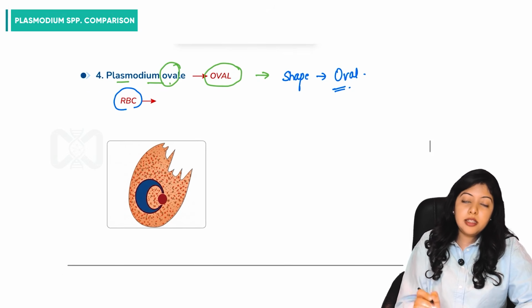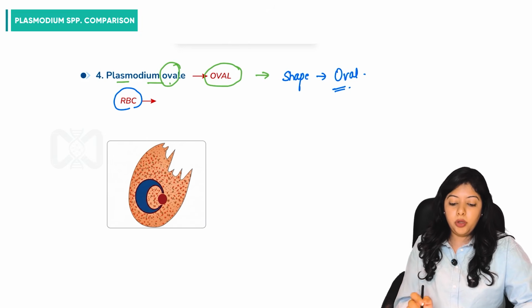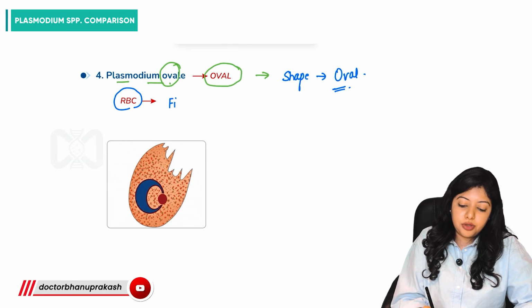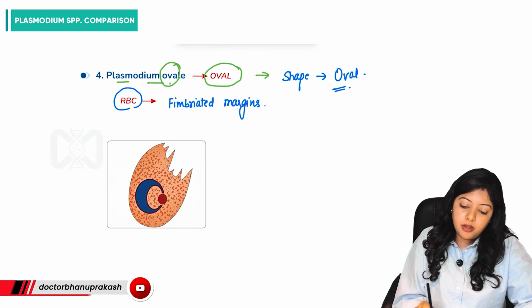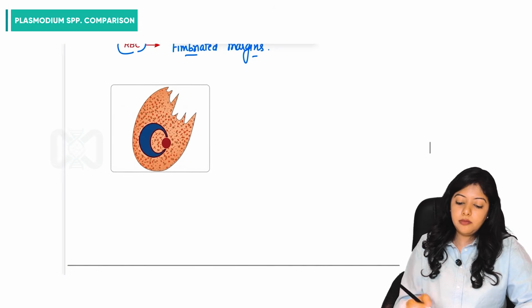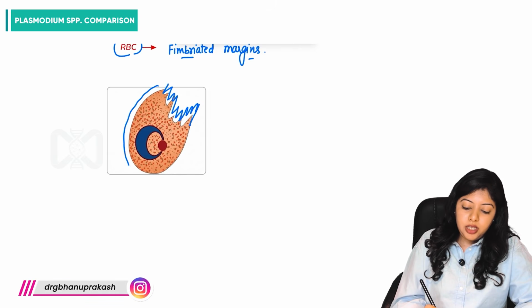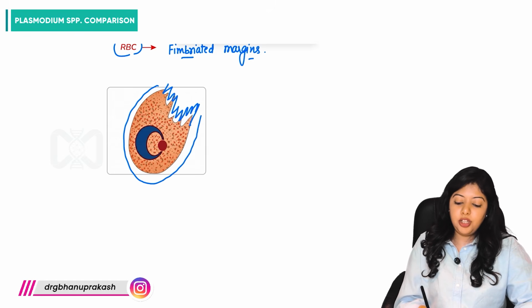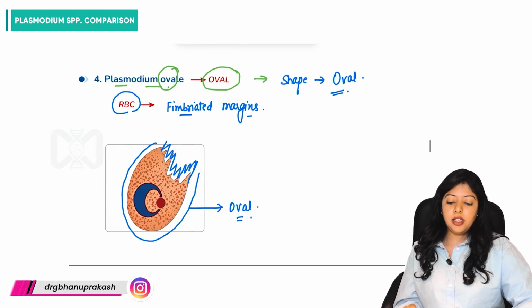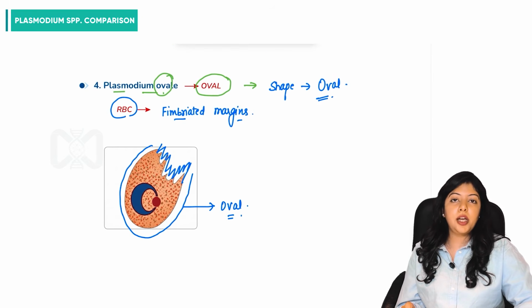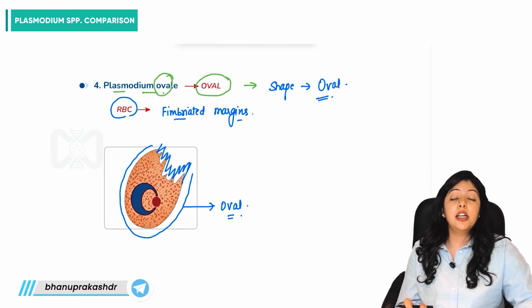And the RBCs are not only oval, they also will have fimbriated margins, irregular margins. Can you appreciate the shape of the RBC that has changed to oval, right? So this gets very easy to identify. It is only the ovale RBC which has changed its shape.